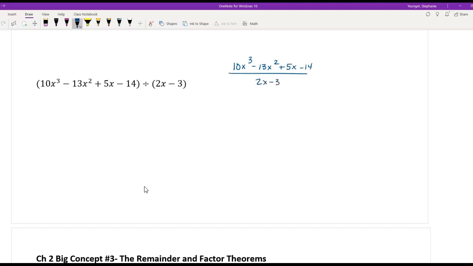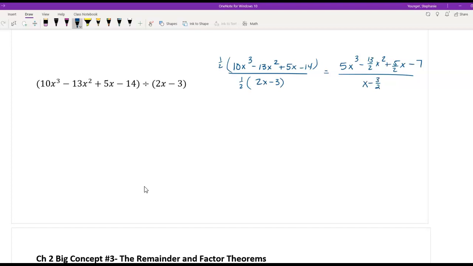So first things first, I want to get this x to be a single x, so I'm going to multiply everything by 1/2 because that is the reciprocal of 2. What happens there is I get on top 5x cubed minus 13 halves x squared plus 5 halves x minus 7, all over x minus 3 halves.